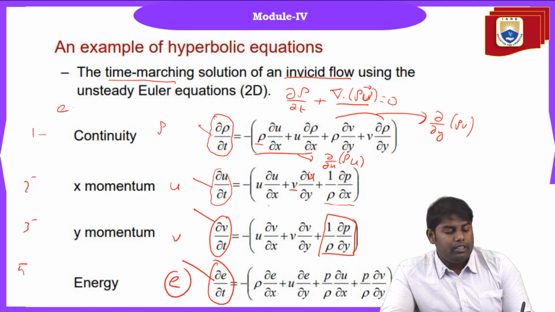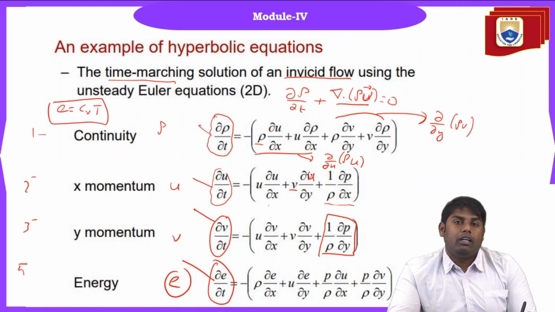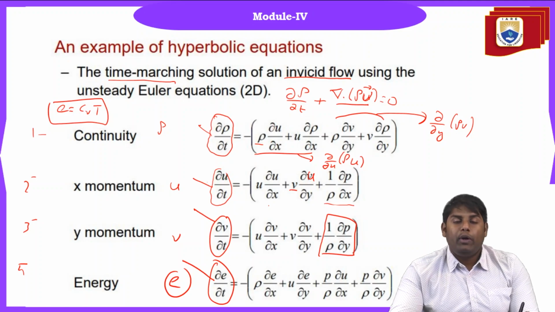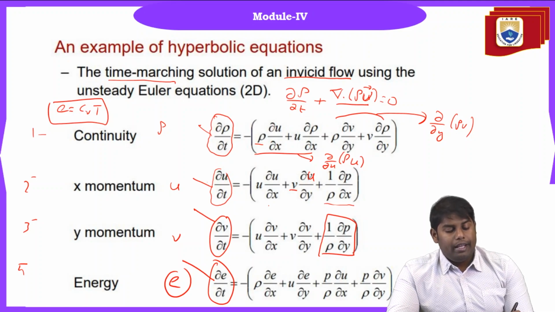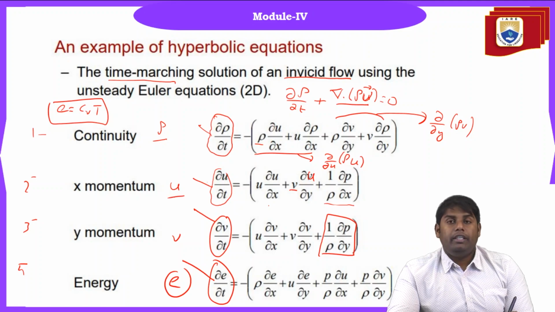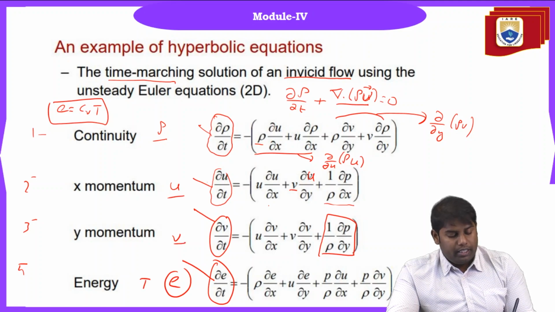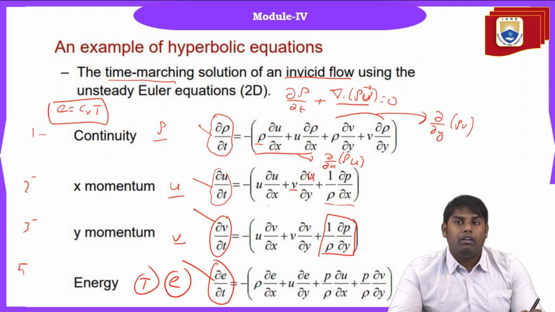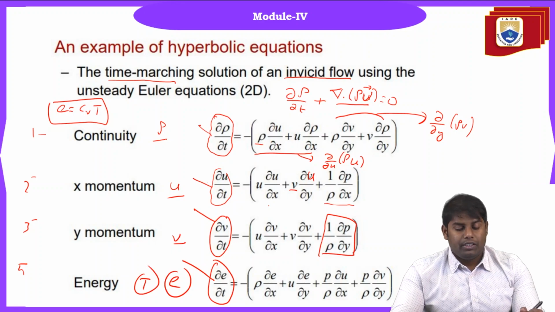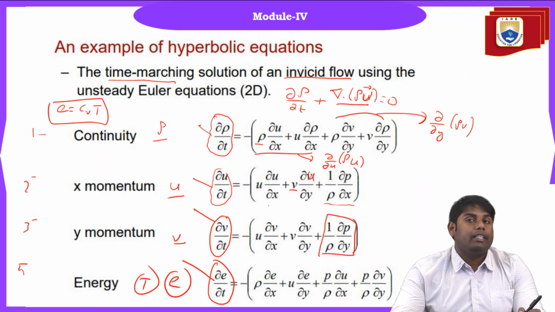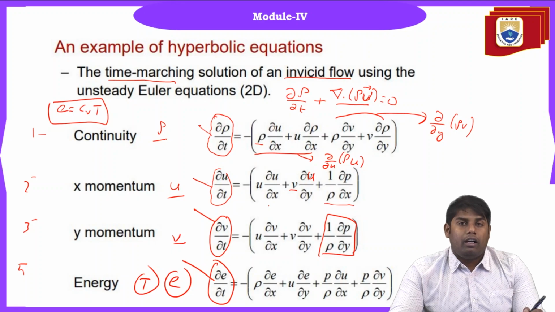The internal energy e is equal to Cv into temperature T, so specific heat at constant volume into temperature. Therefore the density, u velocity, v velocity, and the temperature are our flow variables. Fine. So these equations we are considering for deriving the Lax-Wendroff technique.